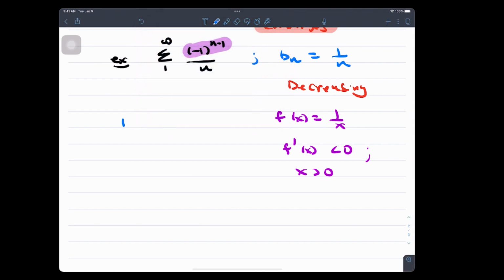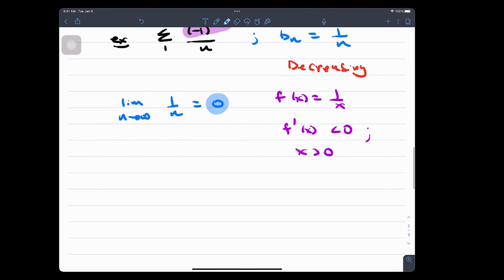What else do you know about the limit? What's that limit? That limit equals what? 0. So what could we say?